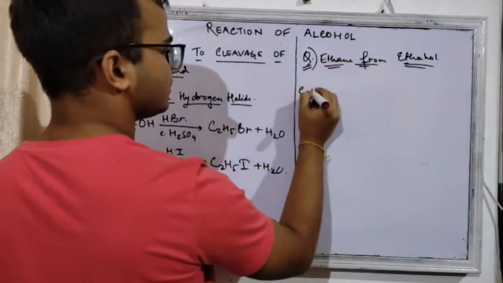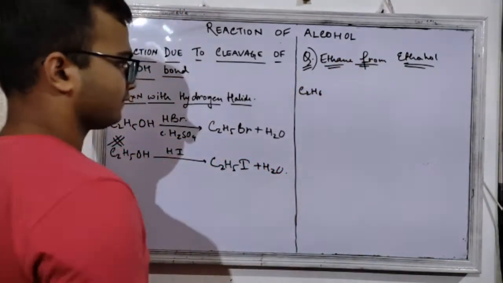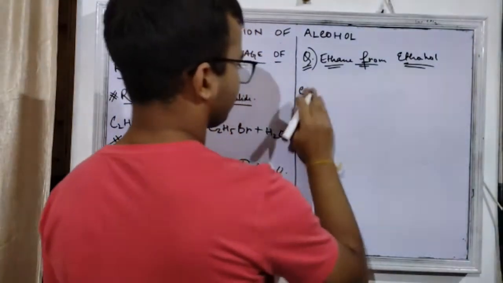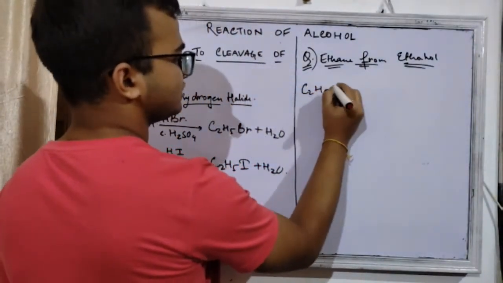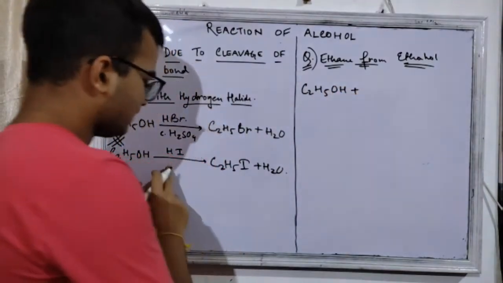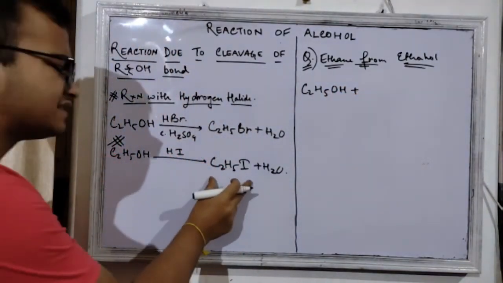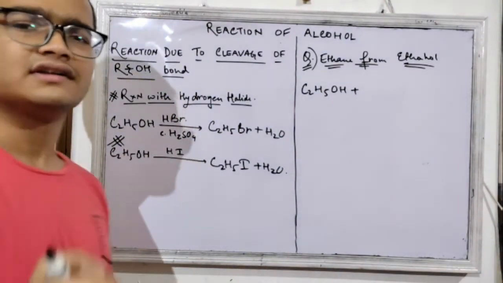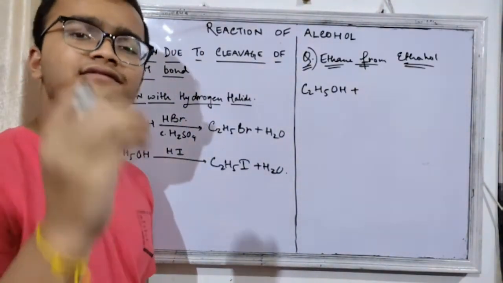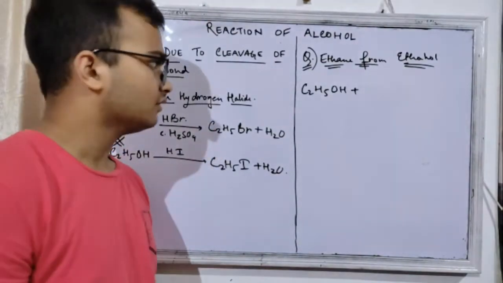Ethane is C2H6. You have to get it from ethanol. This is C2H5OH, ethanol. When you treat it with HI, you get C2H5I. But when you take HI along with red phosphorus, it is a strong reducing agent, so it will directly give you alkane.